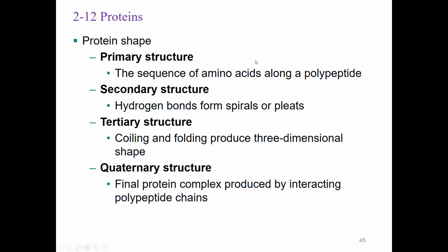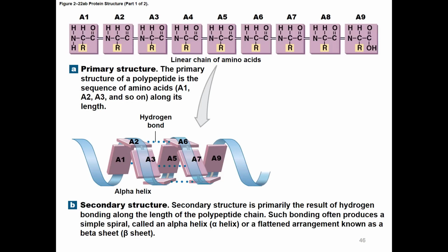Secondary proteins can be either found in an alpha helix, which kind of looks like a curlicue, or a beta pleated sheet, which looks a bit more like a zigzag or a fan. So again, that's an either or. It's a little bit more complex than the primary structure.